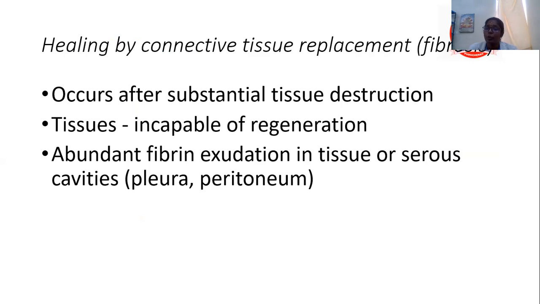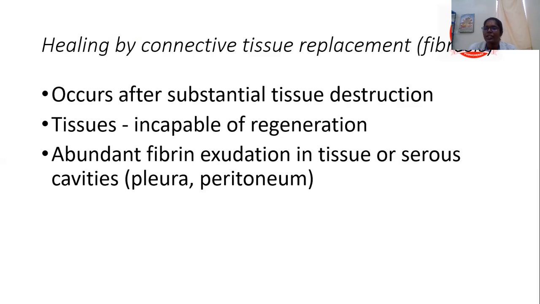The conditions in which you see fibrosis are when there is a substantial, large amount of tissue loss, or when the tissue is incapable of regeneration, like the CNS, and when there is an abundant fibrin exudate seen on tissues or the serous cavities like the peritoneum or pleura.